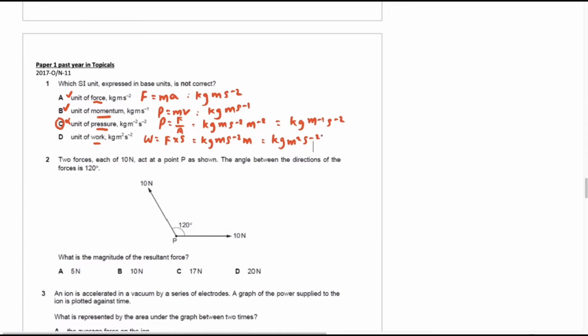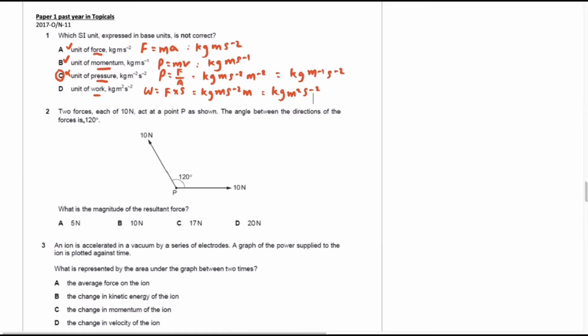Okay, now let's move on. Question 2. Two forces, each of 10 Newton, act at the point P as shown. The angle between the directions of the forces is 120 degrees. So you can see the angle there.